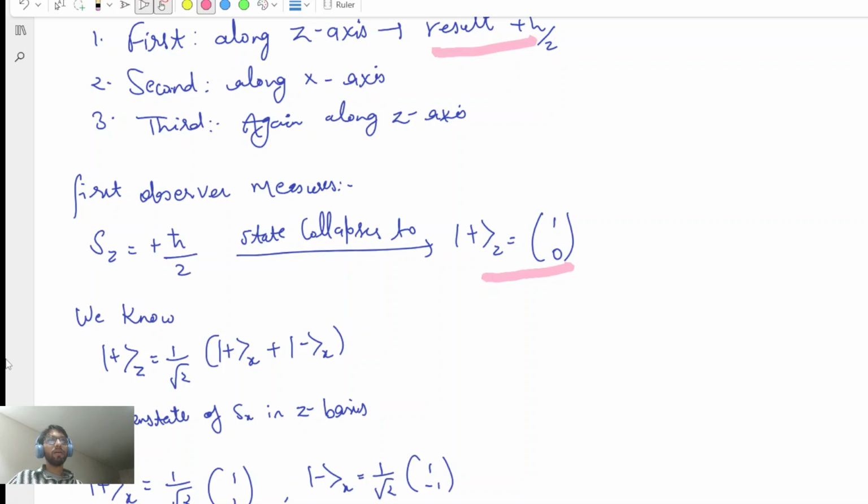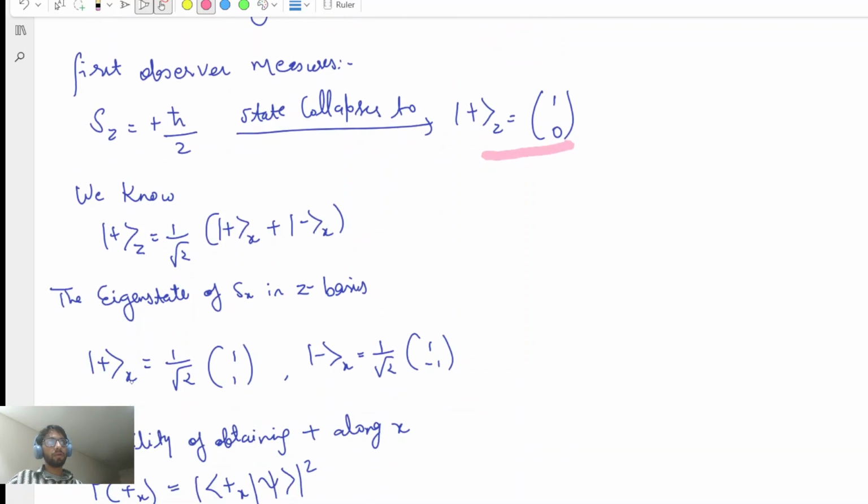Now we have to use this formulation for finding the x-axis. This is the formulation that the superposition of states of the x-axis gives the z-axis. So the eigenstates of the x-axis in the z basis are these.